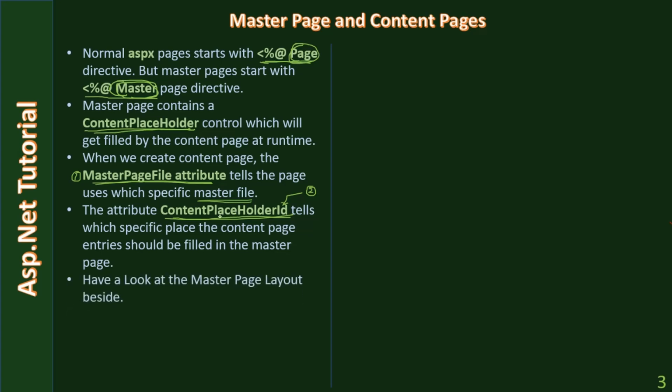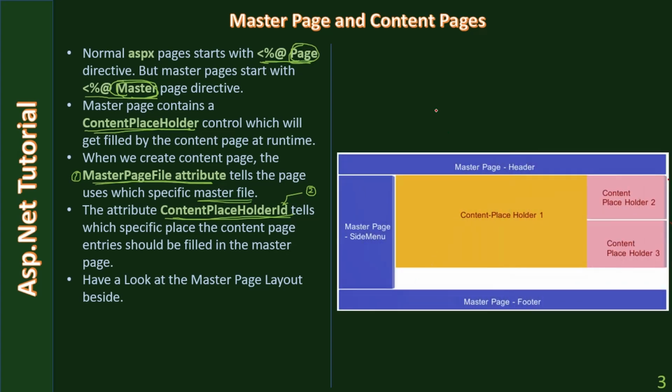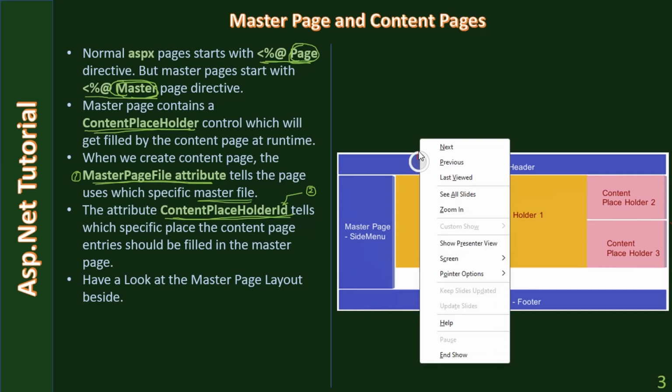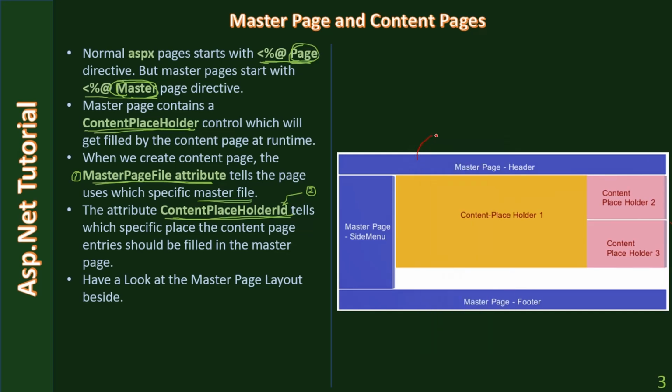Have a look at the master page layout beside. The stuff that is shown in this blue or velvet color is the content of the master page. In the master page template, we have a header, and we will place some HTML elements to form the header. Similarly, there will be a side menu. You can create a side menu using CSS or whatever HTML techniques you know.